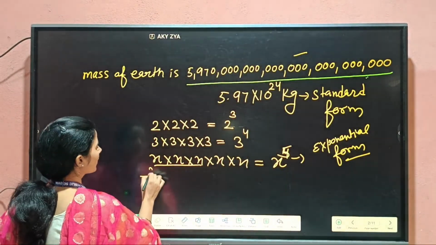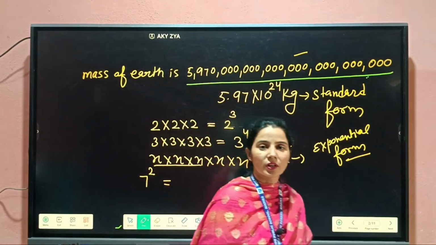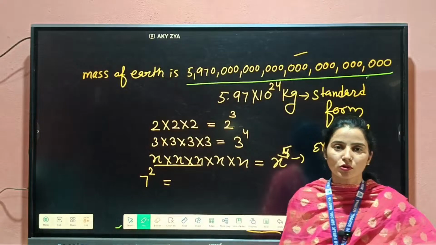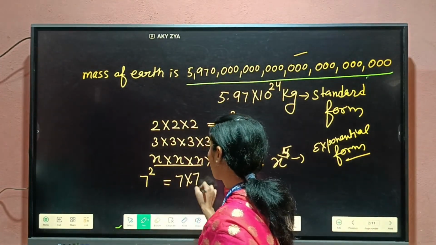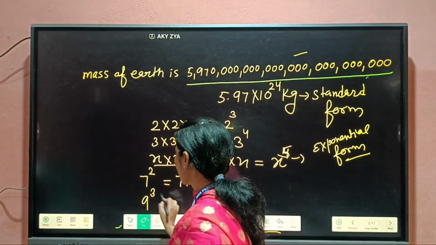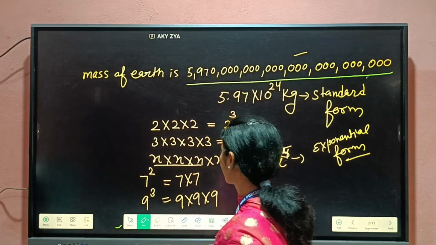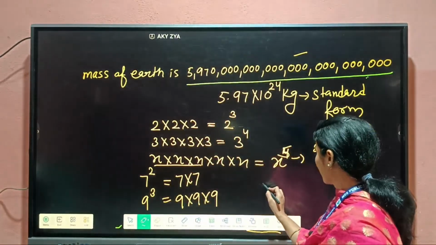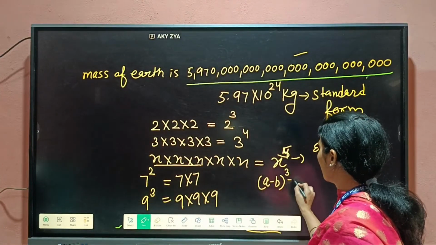Suppose 7 raised to power 2 is there. This is exponential form. I have to write this number in usual form. So 7 raised to power 2 means 7 multiplied 2 times. Similarly, 9 raised to power 3 means 9 multiplied 3 times. Let us consider one more example. Suppose (a minus b) raised to power 3 is there.